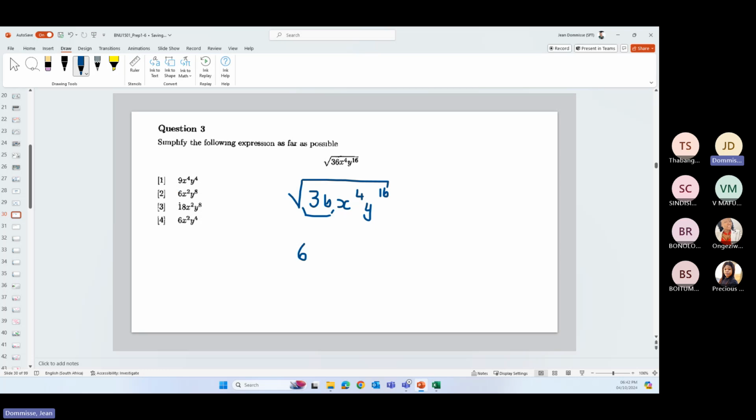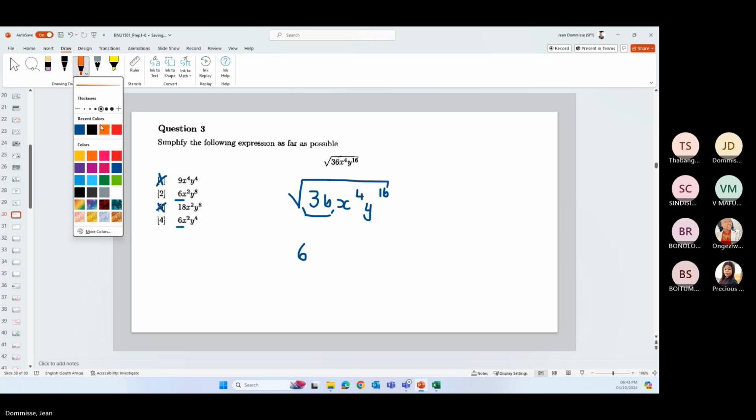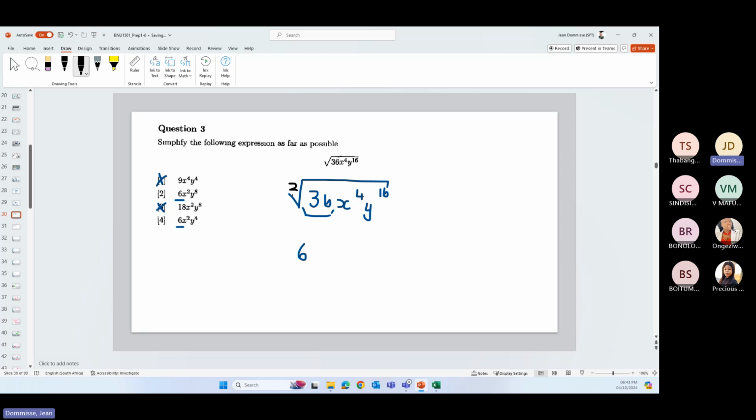So already, when we look at the answers, we know that if I need to look at any options, it's only option 2 and 4 that will be correct. Okay, then something else that I want to show you guys: remember that this is normally called the square root because there's a 2 in that bucket.